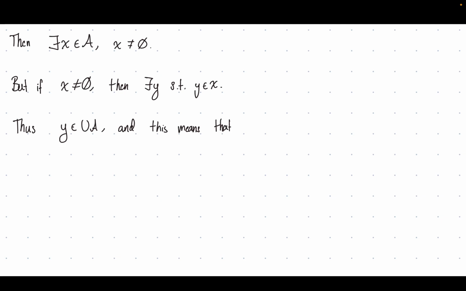This means that the power set of the union of A is equal to the set containing, well, it's going to contain the empty set because it always does, and then the set containing y, and then it also has to contain A itself.